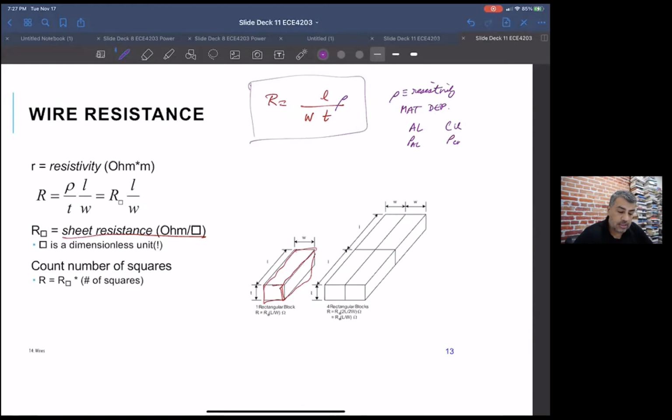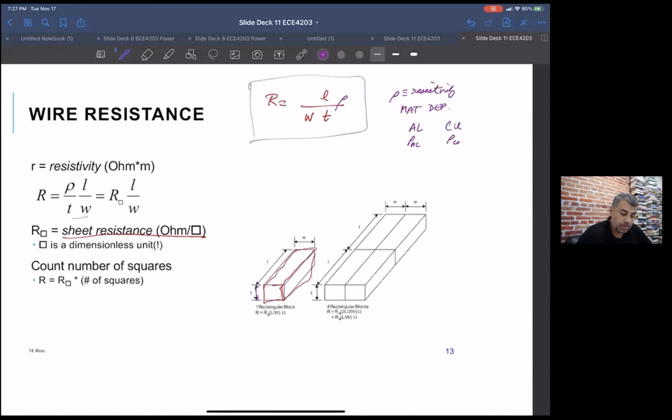The thickness is whatever is given to you by the process engineer. So it's inefficient to keep using this thickness in your calculations of resistance. When you draw a line in your layout tool, there's no reason to keep calculating the thickness, because the thickness is always the same.